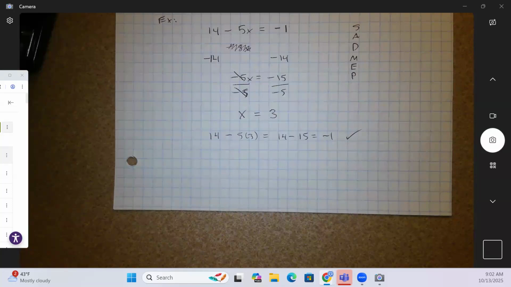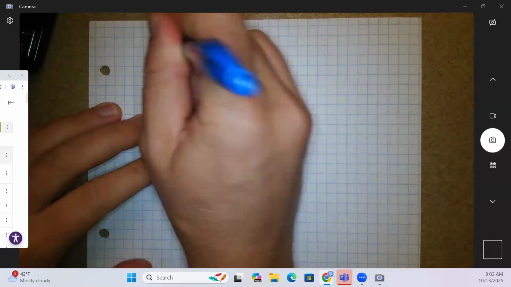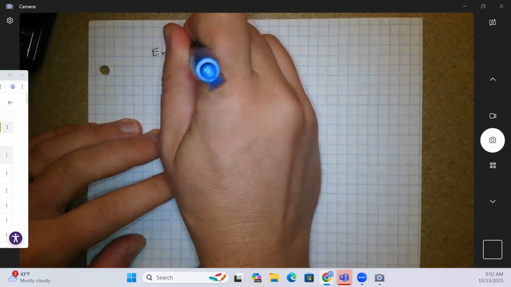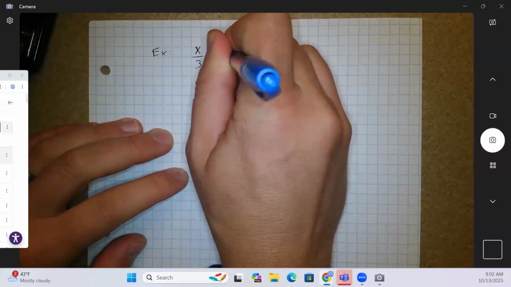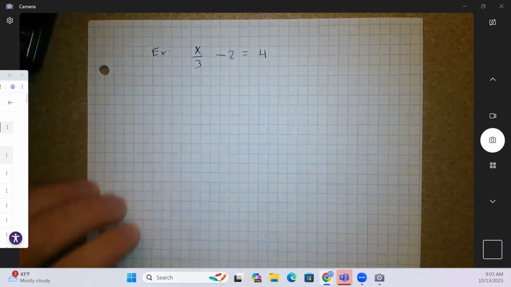All right, let's do one with division, and then I'll hand the worksheets out. X over 3 minus 2 equals 4.